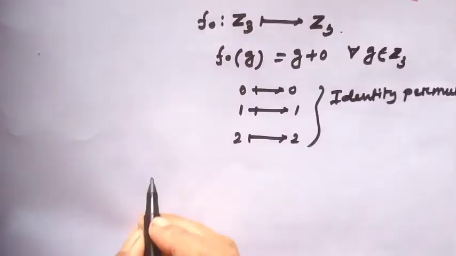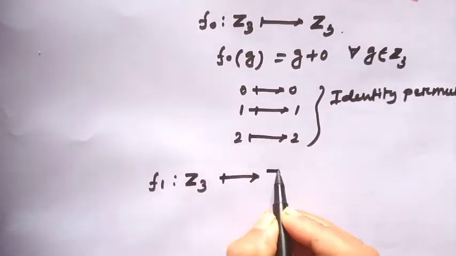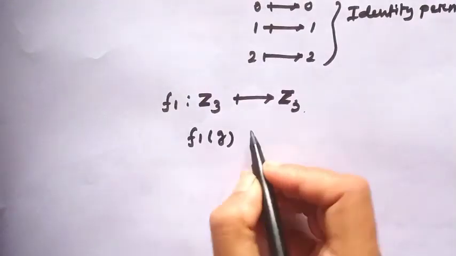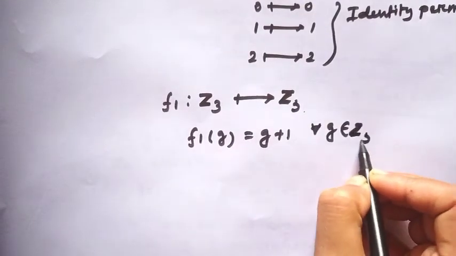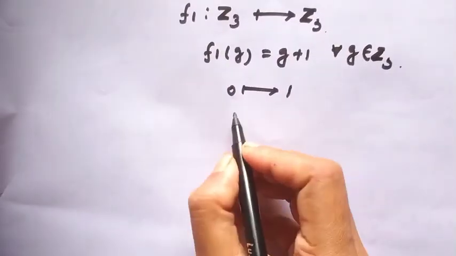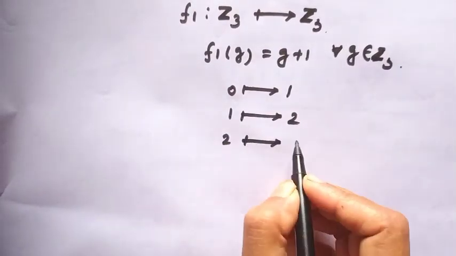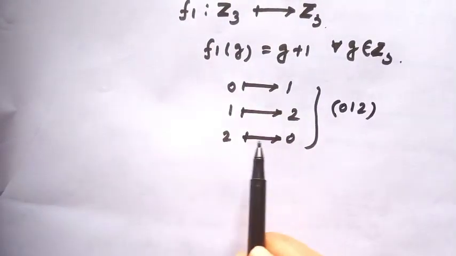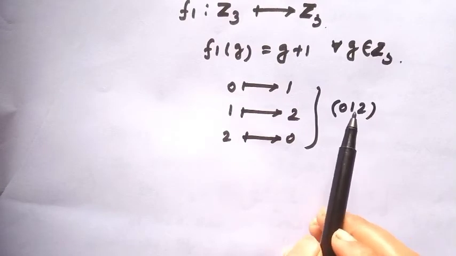Consider another map f1 from Z3 to Z3, defined by f1(g) equals g plus 1, for all g a member of Z3, and this is 0 sends to 1, 1 sends to 2 and 2 sends to 3, which is congruent to 0, and this is the 3-cycle (0 1 2). That means 0 sends to 1 and 1 sends to 2 and 2 sends to 0.